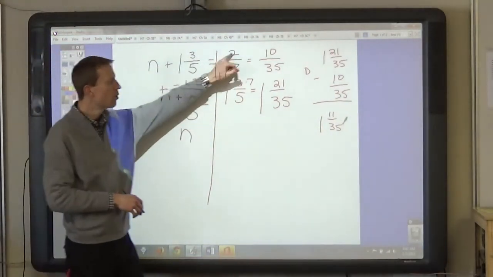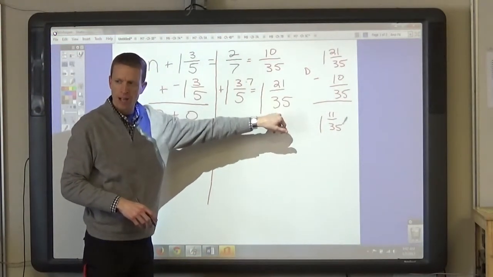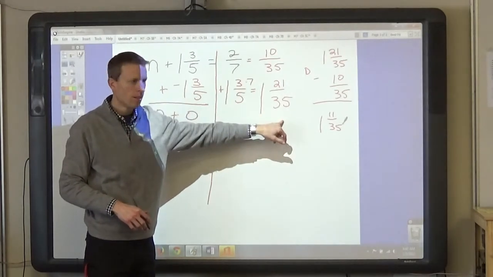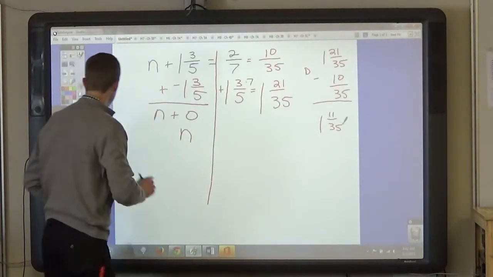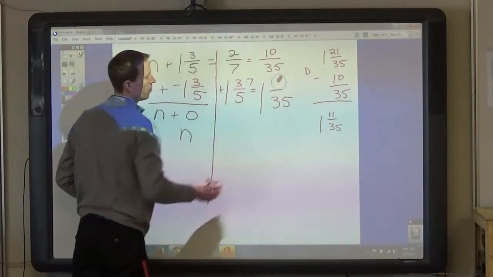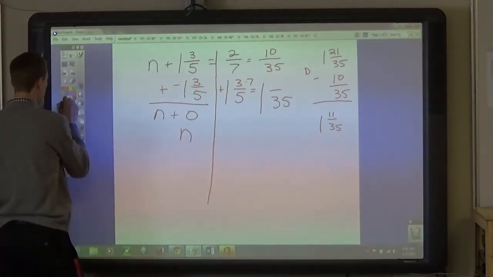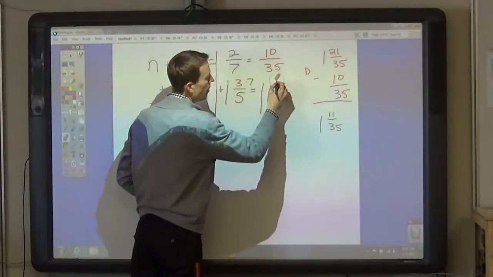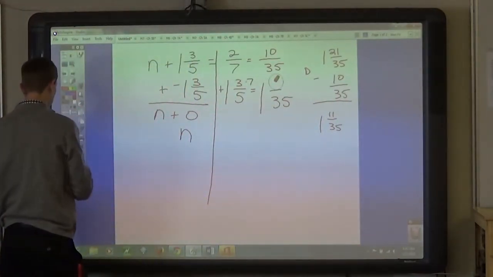Now, what if you convert it to a common denominator, but this one is smaller? What if when we converted it, we ended up with like 6/35?